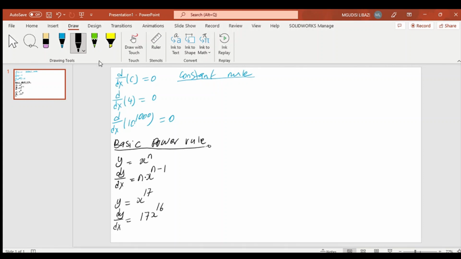Another thing that I wish us to talk about is the quotient rule and the product rule.